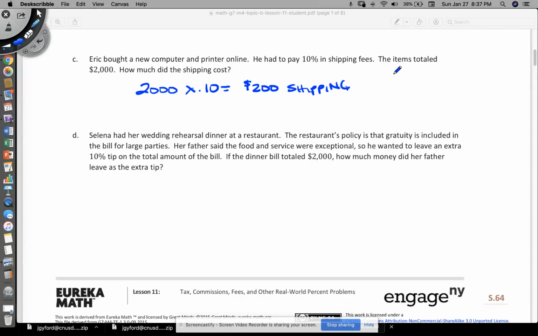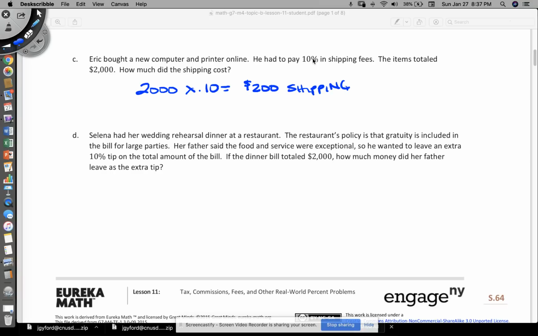All right, let's look at D. Selena had her wedding rehearsal at a restaurant. The restaurant's policy is that the gratuity is included in the bill for large parties. And her father said the food and service were exceptional. So he wanted to pay a little extra, an extra 10%.